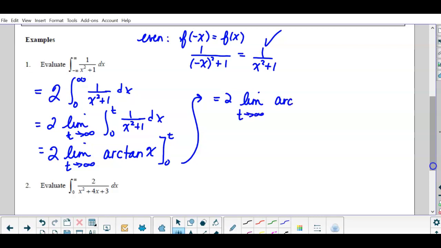That's going to be arctan t minus arctan of 0. Okay, so arctan of 0 is 0, right? So when do you get a tan value of 0? The angle is 0 in radians.